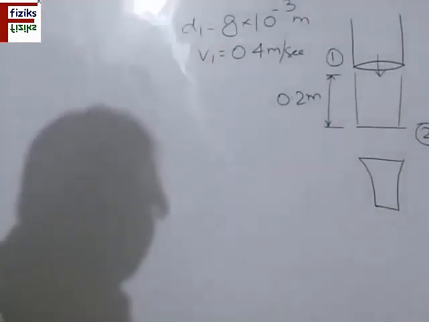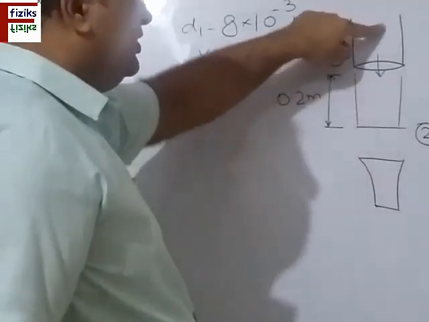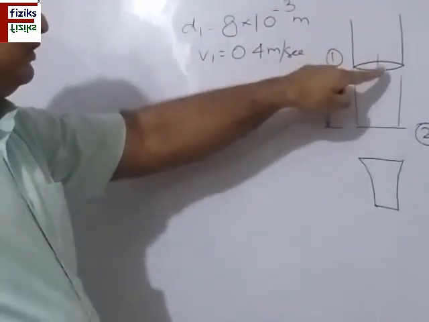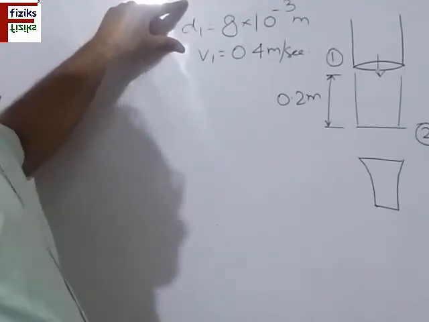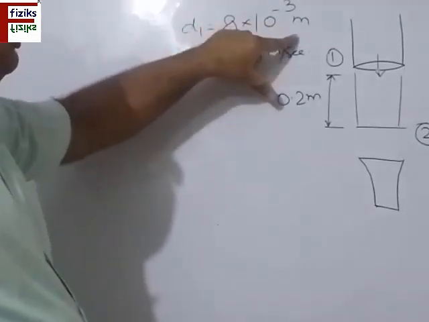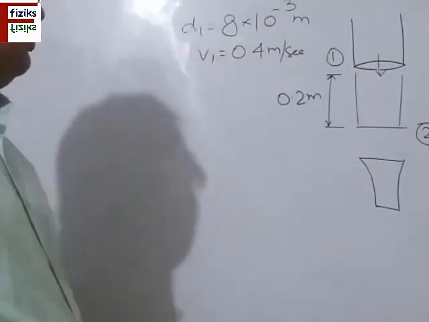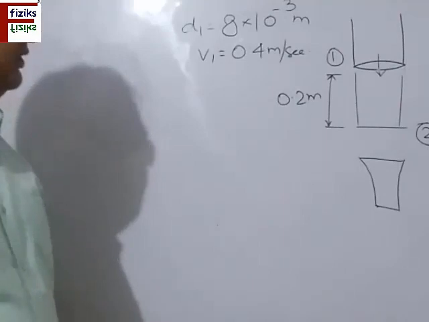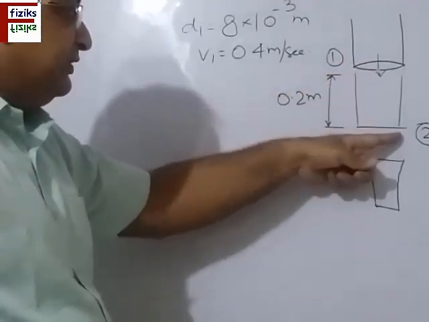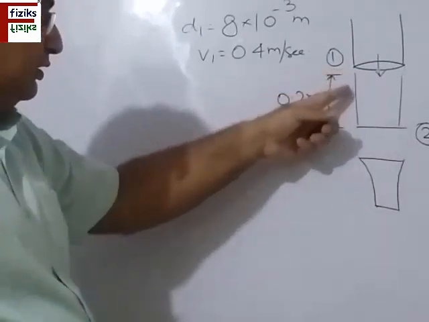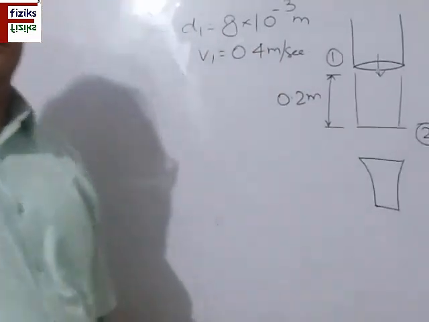First of all, let us make the calculation. We have a tap, and at the outlet of this, the internal diameter, or the diameter of the water stream, is 8 into 10 to the power minus 3 meter. The water is coming out with a speed of 0.4 meter per second, and downstream, starting from this point, this is section 1, at section 2, which is 0.2 meter downwards, what is the value of the diameter of the water stream?